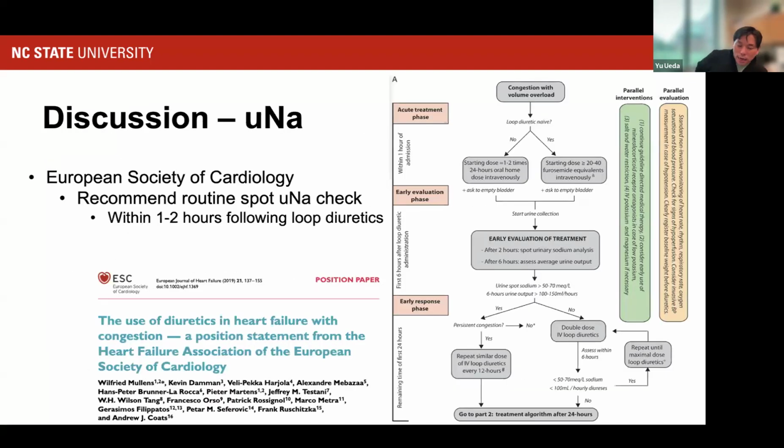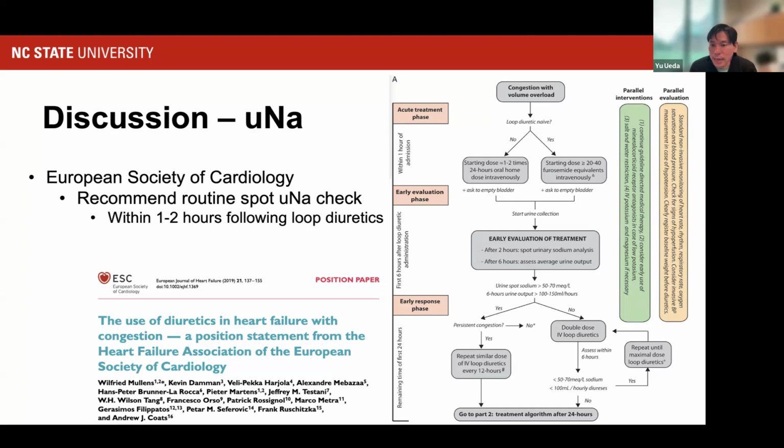And based on this evidence and these study findings, even some of the societies in human medicine recommend a urine spot check after furosemide or diuretic administration. As an example, the European Society of Cardiology has this position statement on heart failure treatment in human patients.